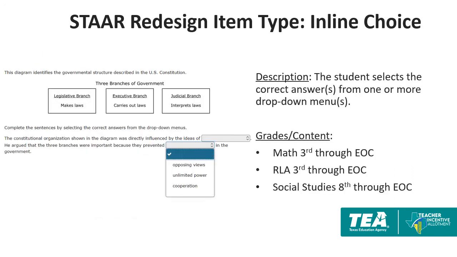Another item type is Inline Choice. The student selects the correct answers from one or more drop-down menus. This is going to be used in Math 3rd through EOC, RLA 3rd through EOC, and Social Studies 8th through EOC. To replicate Inline Choice, districts could convert these questions into fill-in-the-blank type questions where students select answers from a word bank.